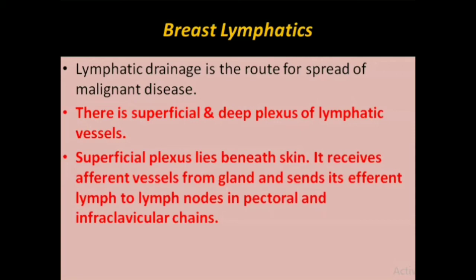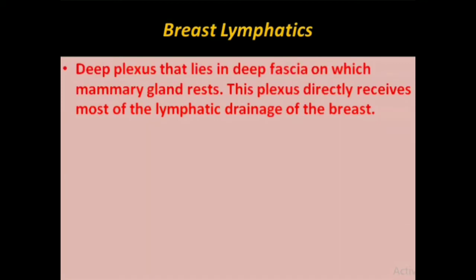It receives efferent vessels from the gland, and its efferent lymph goes to lymph nodes and the pectoral and infraclavicular chains. The deep plexus lies in the deep fascia on which the mammary gland rests. This plexus directly receives most of the lymphatic drainage of the breast.